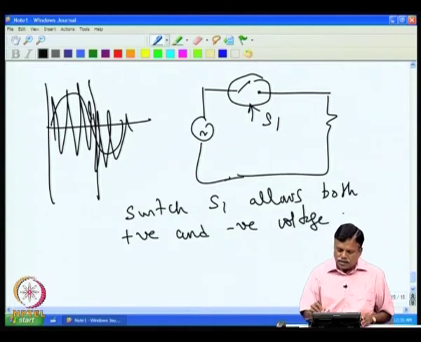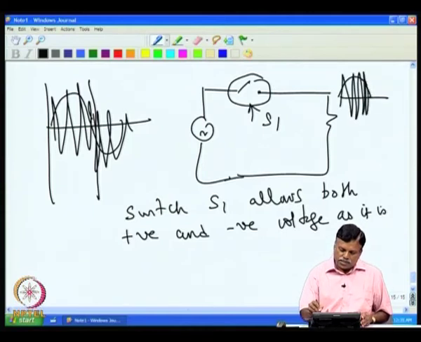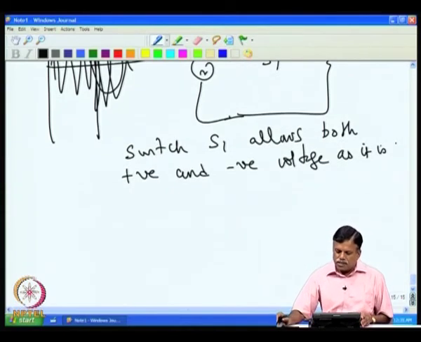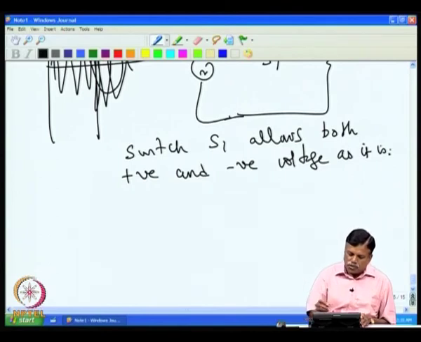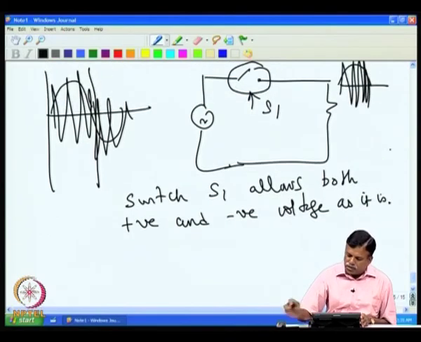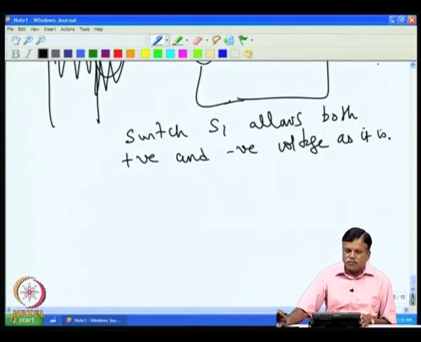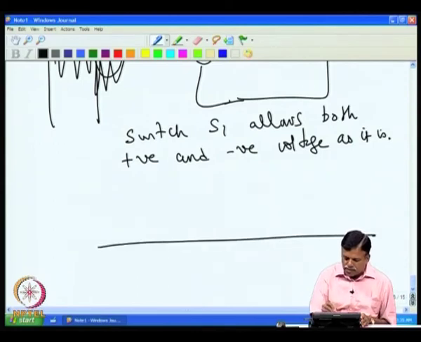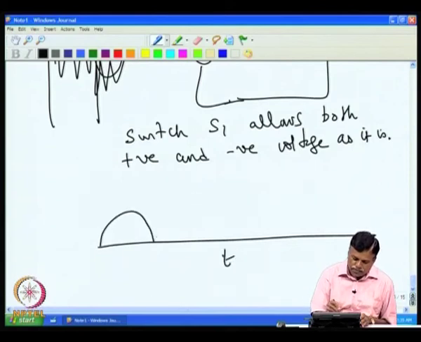voltage as it is. That means across the load I will get the signal, since I am switching the switch with respect to the signal. So, you will get positive half cycles at the output, of course with the noise, which may go positive as well as negative. If I plot time versus voltage, no voltage comes here, no voltage comes here.